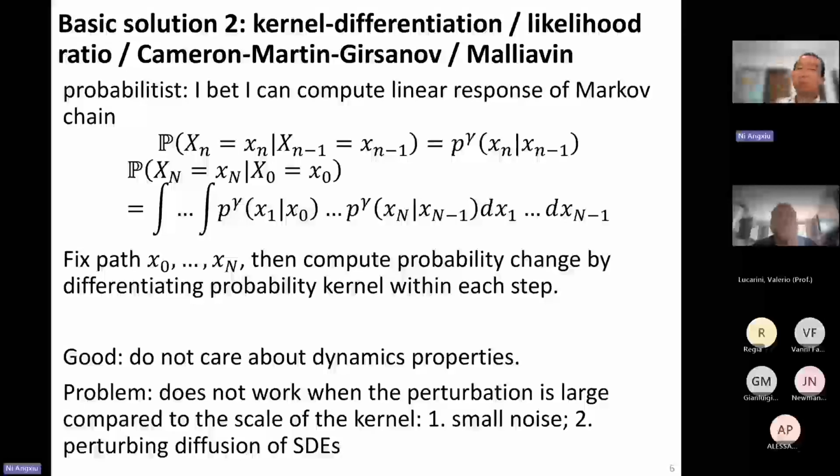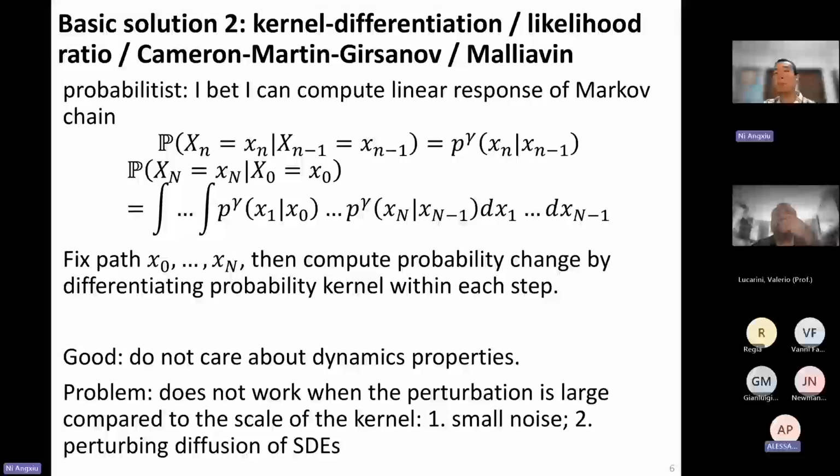And the second basic solution also goes by different names. I call it the kernel differentiation method, or you can call it likelihood ratio, or Girsanov, or Malliavin calculus. The basic idea: remember on the previous page, we fixed the Brownian motion and the initial condition. Instead of fixing those, here we're fixing the path, from initial time to terminal time.